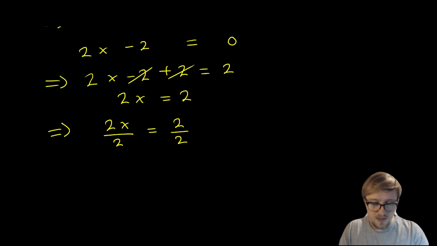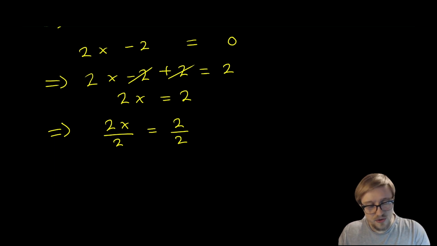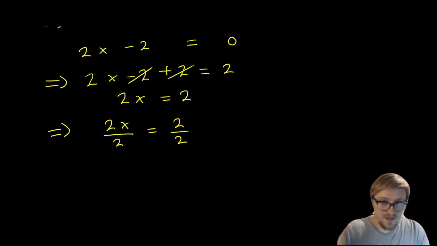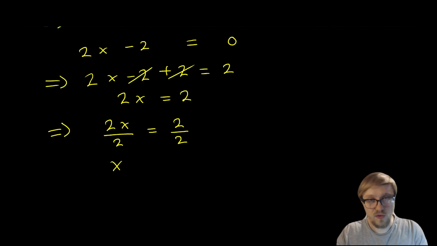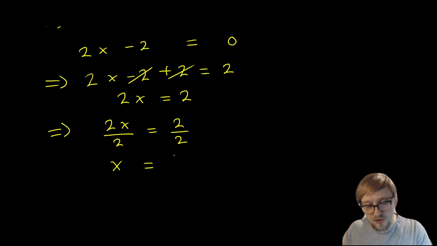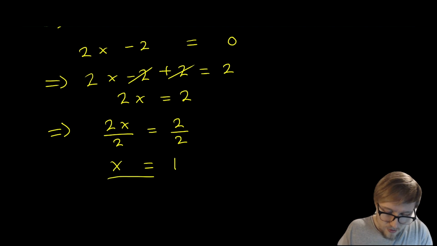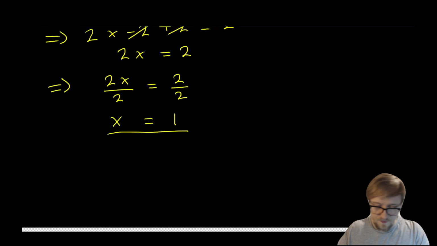Now the 2 divided by 2 is just going to give us 1. So we're going to be left with just 1 times x, or just x on the left-hand side. And then on the right-hand side, we're going to have 2 divided by 2, which is going to give us a 1. So that is the solution to the equation.